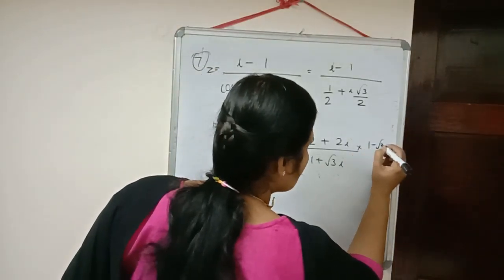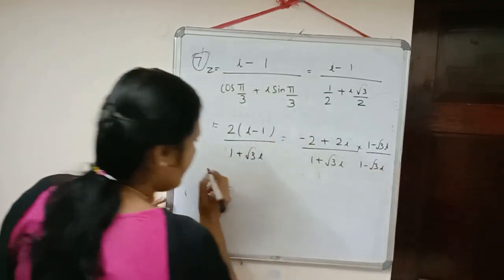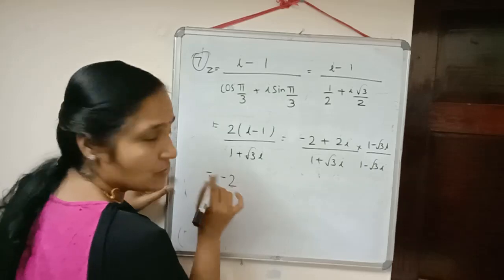So (1 minus root 3 i) by (1 minus root 3 i). Now multiply it. Minus 2 into 1 is minus 2.